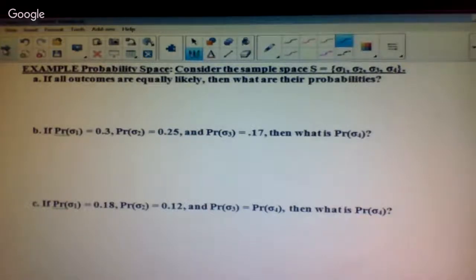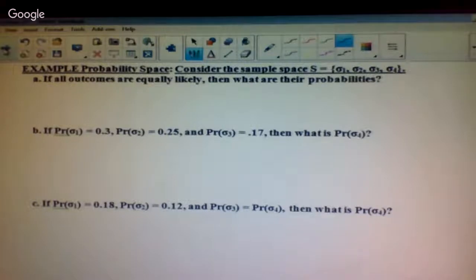So, if I have 4 things in my sample space, and all outcomes are equally likely, what are their probabilities? 0.25.